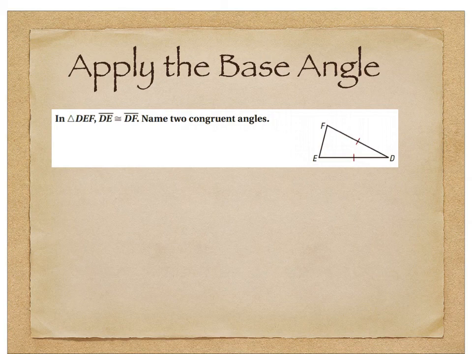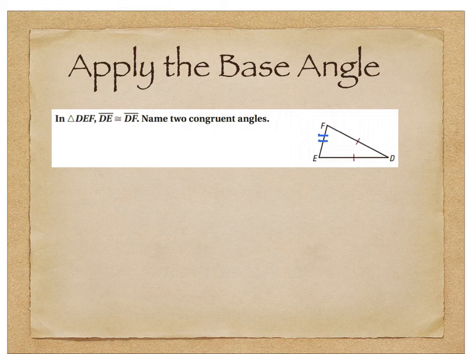I told you at the beginning that sometimes they'll rotate it so the base isn't necessarily at the bottom of your triangle. So you want to make sure that you identify the base. It's the non-congruent side, right? So I'm going to mark the base with a blue mark. So there's our base. If you need to, you can rotate that until the base is parallel with the bottom of your paper. If you can do that mentally in your mind, that's fine.